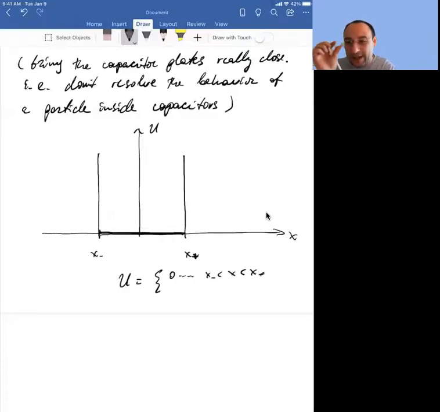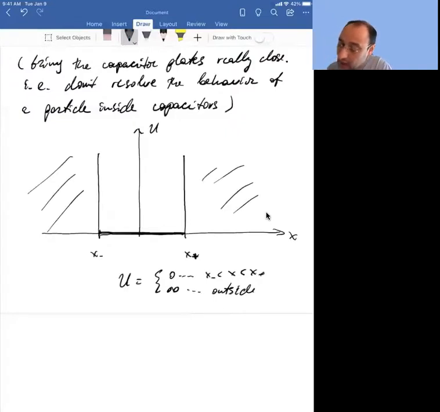I'm going to tweak it one more time, but I want to show you a progression of simplification. And U is infinite outside. Infinite means the particle cannot be here, quantum or classical. Classically, it means the particle cannot be there. Quantum mechanically, it means you will never find the particle outside. It means its wave function will be 0 outside.